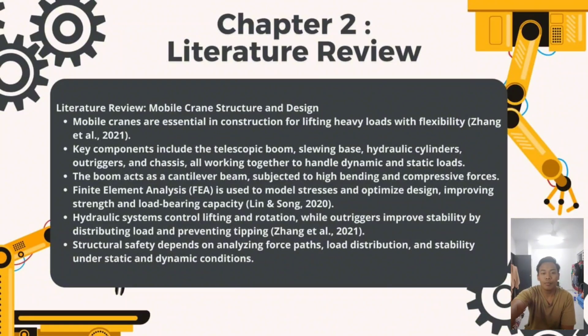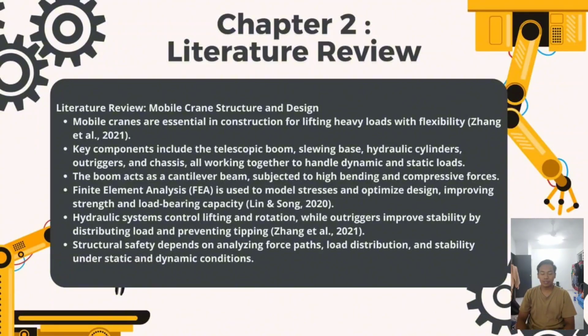Literature review. Mobile cranes are complex machines designed for heavy lifting operations. Based on previous research, their structural and operational aspects can be broken down into several key components and functions.